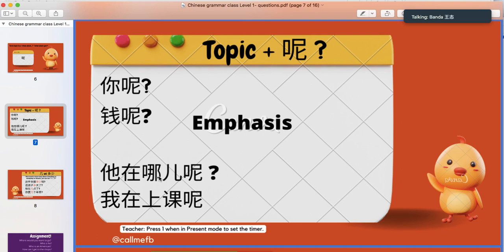Okay. In this instance, we have used it as a question, but it can also be used just as a phrase. Like for example, the last one. Mo, do you want to read that one? 我在想... I don't know that next character.